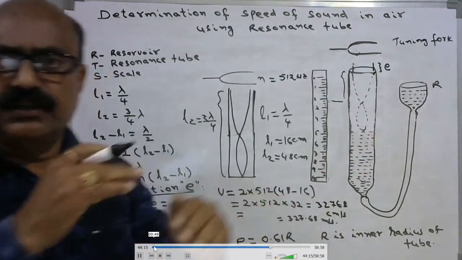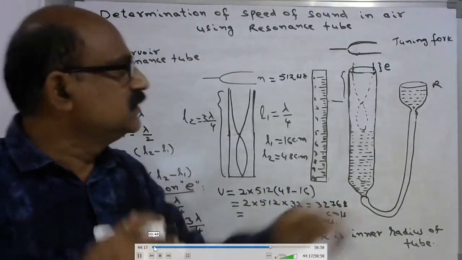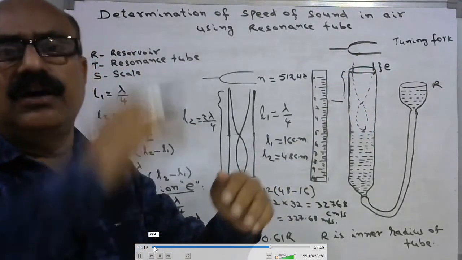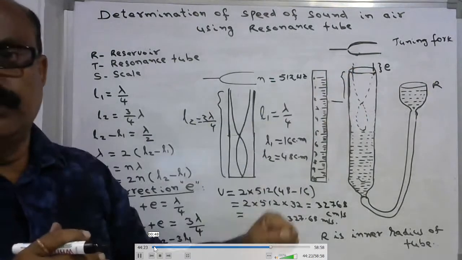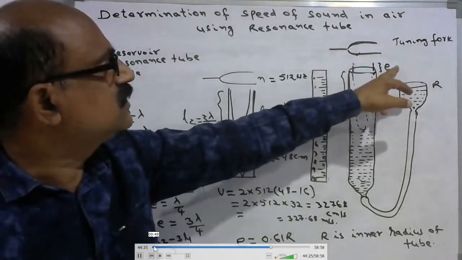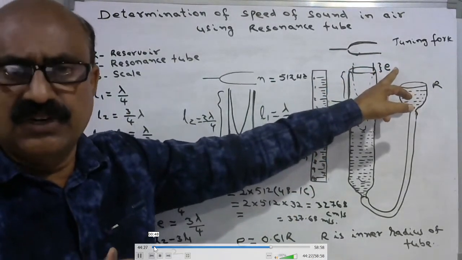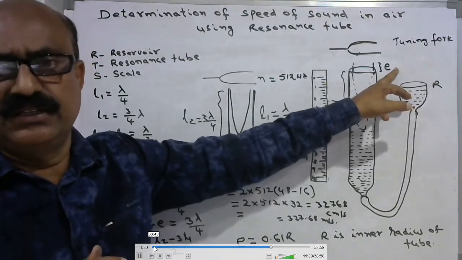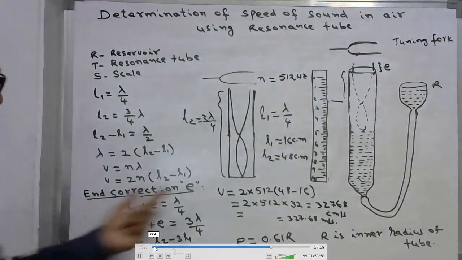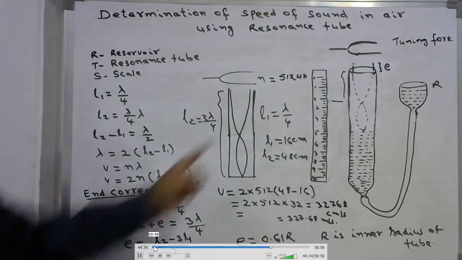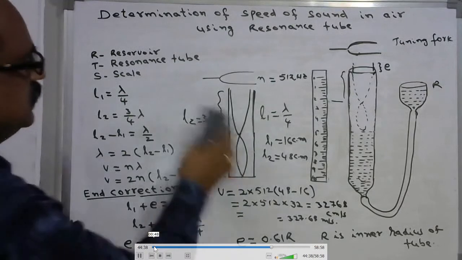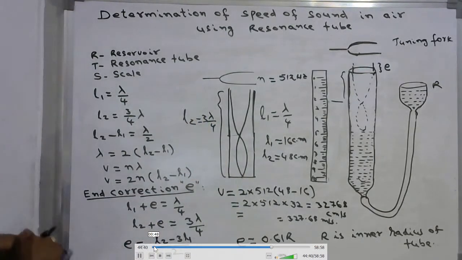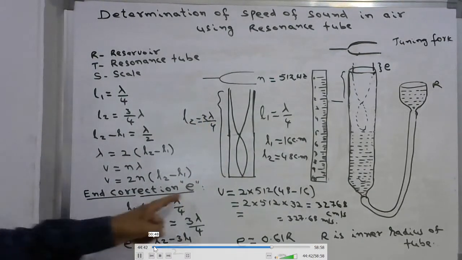The air column will form just a little bit above the open end of the tube. So we have to take this also into consideration, E. This is what is called end correction. For the first one, L1 plus E is equal to lambda by 4.